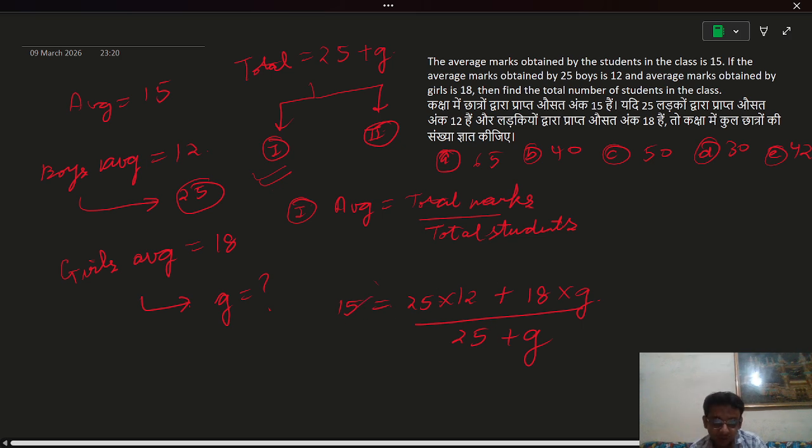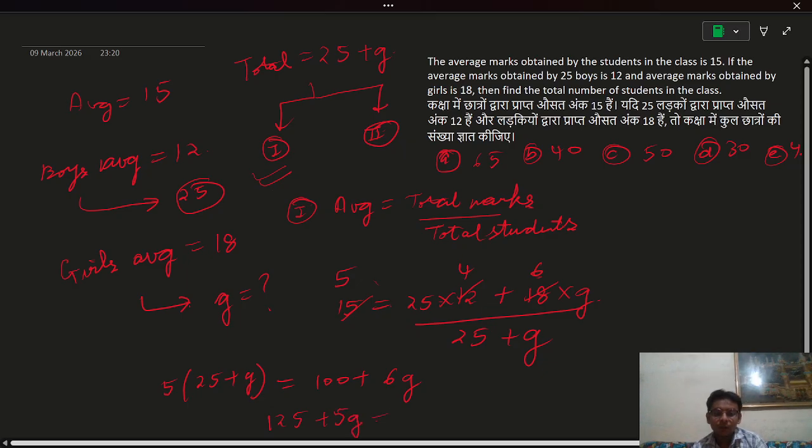Okay, let's cancel it out. 3 5, 3 4, 3 6. It will become 5 into 25 plus G equal to 100 plus 6G. It will become 125 plus 5G equal to 100 plus 6G.